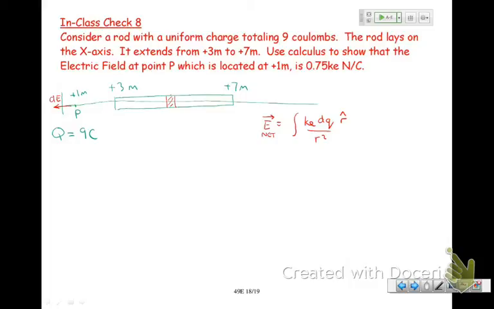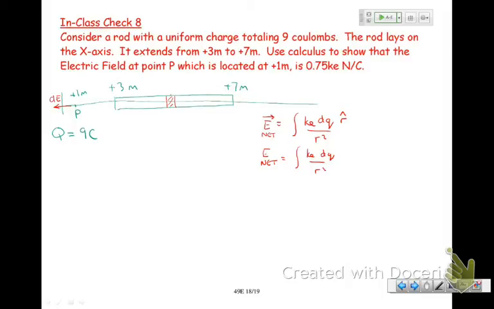Because we use symmetry. So I don't need to worry about the vector bit. I can say this simplifies to E net is equal to the integral of k_e dq over r squared. And the problem is I have no idea how to do that. I have no idea how to integrate.